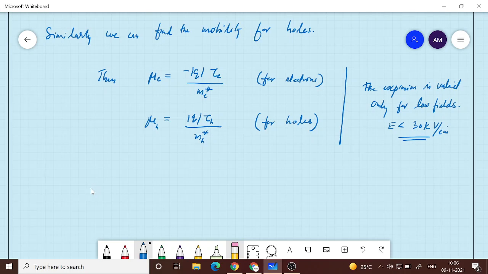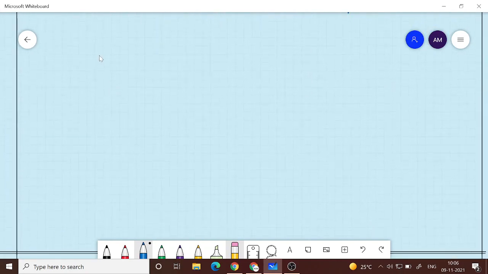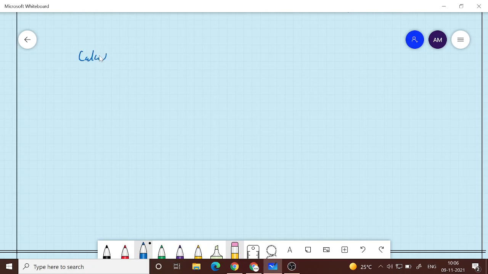So this is mobility. Now if an electron is moving with a velocity v, then how much is the current? So now we would like to calculate the current. Before we move on to current, the quantity that I would like to calculate is current density.